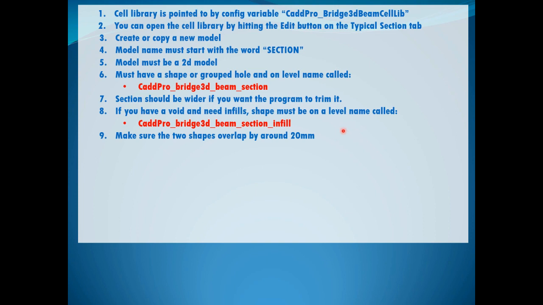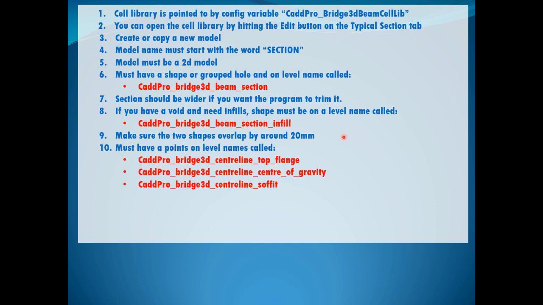Make sure the two shapes overlap by around 20 millimeters. You need 3 points, one at the top flange, one at the center of gravity, and one at the soffit. The coordinate 0, 0 is the origin, and that's also the point that the section is extruded about.